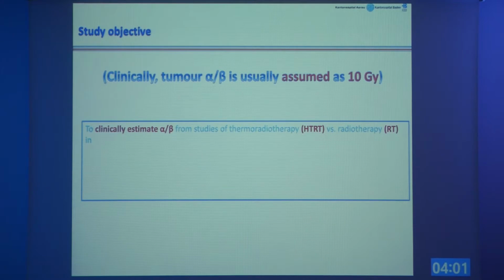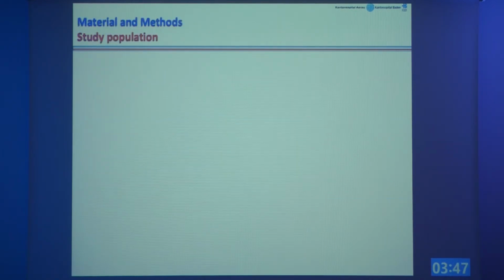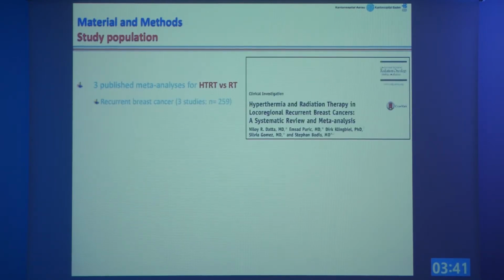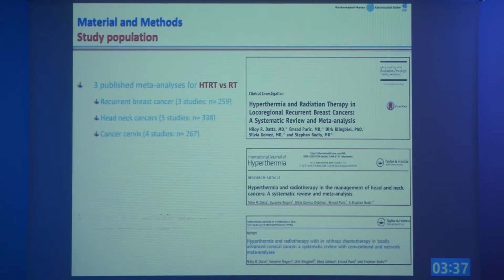Clinical alpha beta from studies which used hyperthermia plus radiotherapy versus radiotherapy alone. I've taken 3 specific examples: recurrent breast cancer, locally advanced head and neck cancer, and cervix cancer. The study population consists of 3 published meta-analyses which we did for breast, head and neck, and cervix.